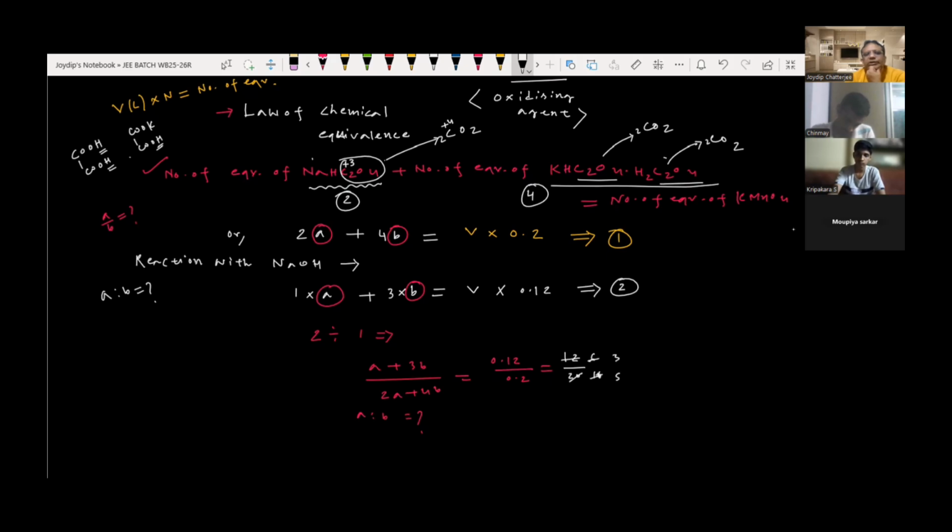Okay, so this is entered. This thing is 3 by 5. So just solve it, 5A, 3B. See what is coming out.